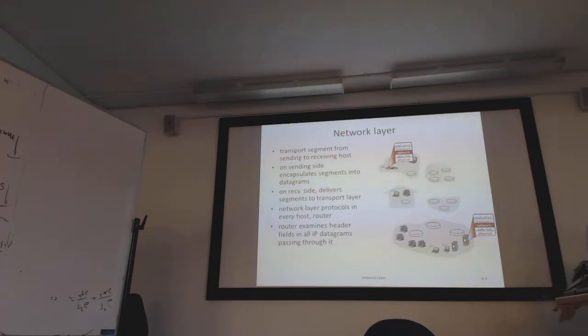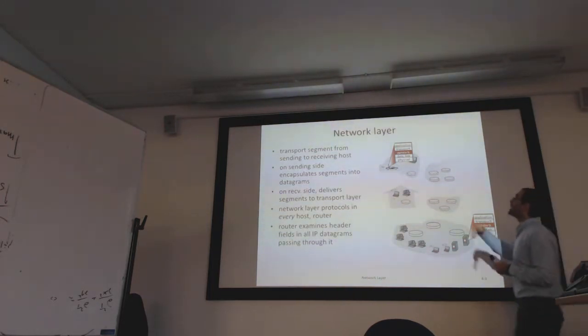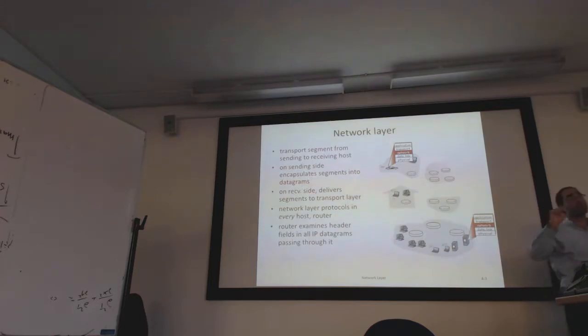Therefore, we forward it towards your lower layers. On the receiver side, though, the delivery will be a segment towards the right transport layer. So in a matter of fact, it's the other way around. As we saw in the encapsulation process, the message is passed on from the higher layers towards the lower layers. Meanwhile, on the receiver side, it goes up from the lower layers towards the higher layers. So now the network layer on the sender side is encapsulating the message, passing it on to the lower layers.